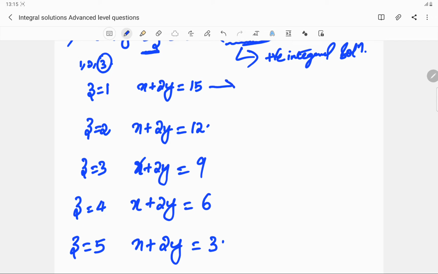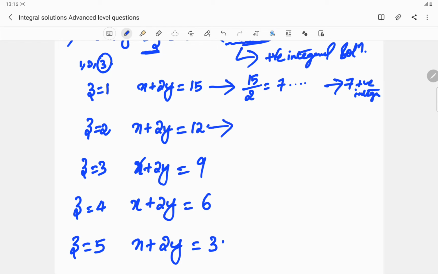If we take this equation, the coefficients of x and y are 1 and 2, both are co-primes, and only 1 is a factor of 15. So this is nothing but 15 divided by 2. You are going to get 7 something. So there will be 7 positive integral solutions.